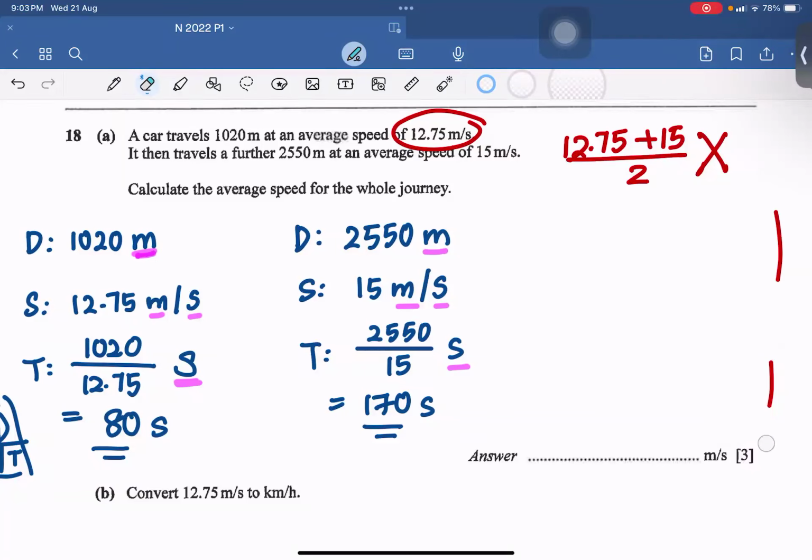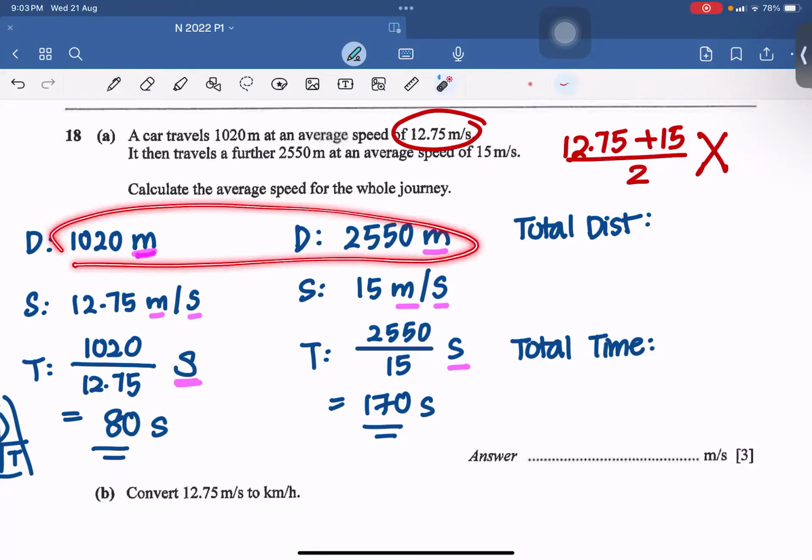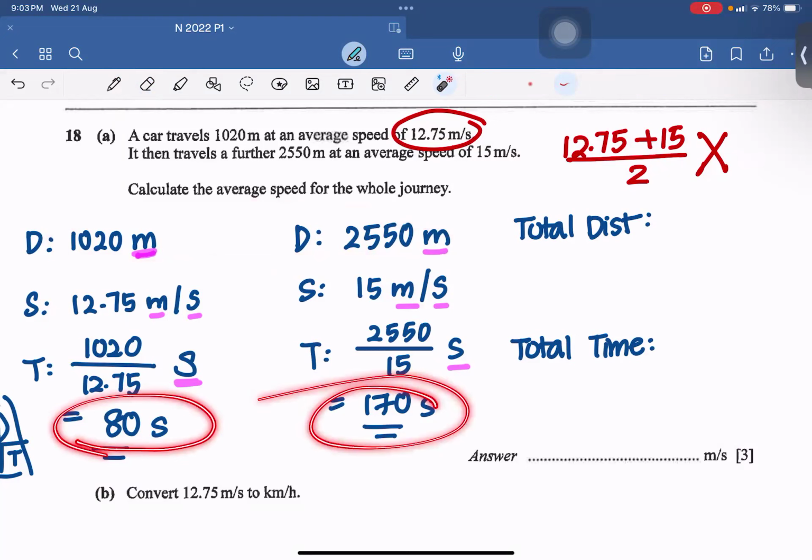So what is the correct way to find average speed? Average speed is given by total distance divided by total time taken. That is why I need to find the individual distance and the individual time.